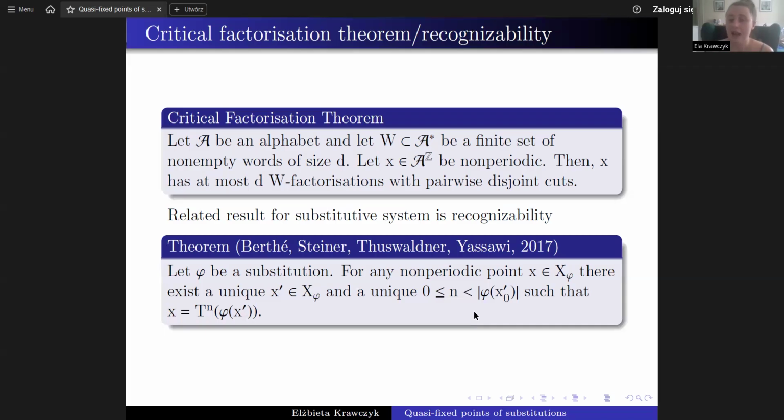Another question I have: one could change this question a little bit, and starting with a general substitution, so I don't know this stuff very well, but from what I understand, there is a one-to-one correspondence between substitutive or morphic sequences and abstract numeration systems.